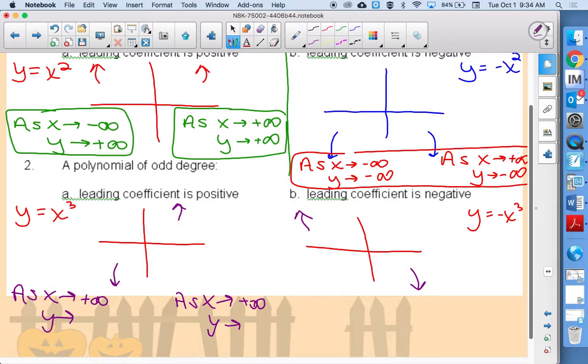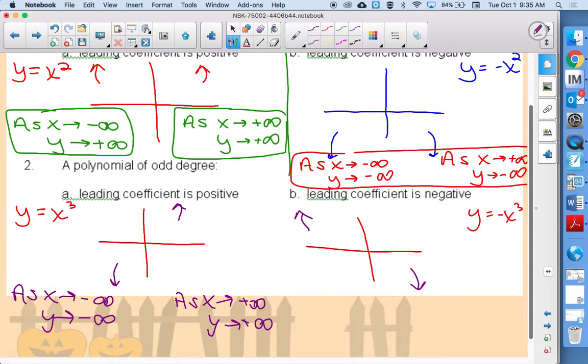So as x goes to positive or negative infinity, on the left side, y is going to negative infinity. And then on the right side column, as x goes to positive infinity, y is going to positive infinity. So these are opposites. One goes down, the other goes up.